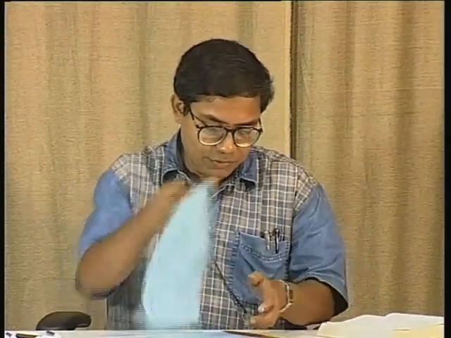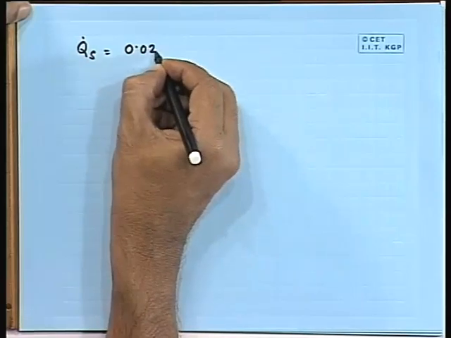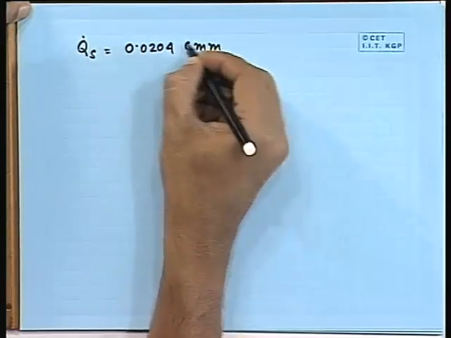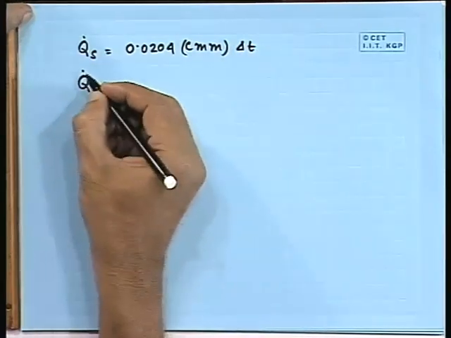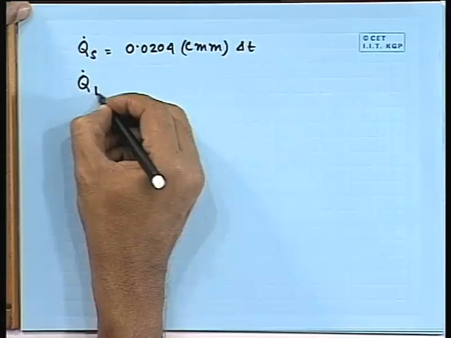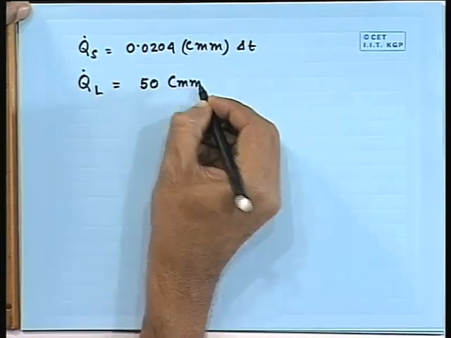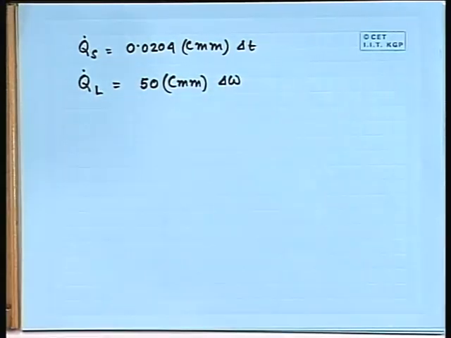So, let me write down these two. Q dot S is equal to 0.0204 CMM delta T. Q dot L is equal to 50 CMM delta W. All right.